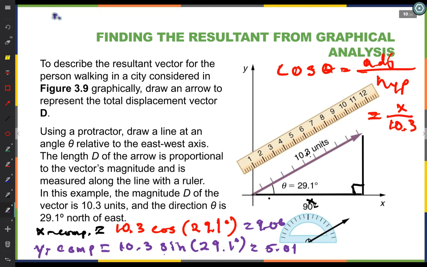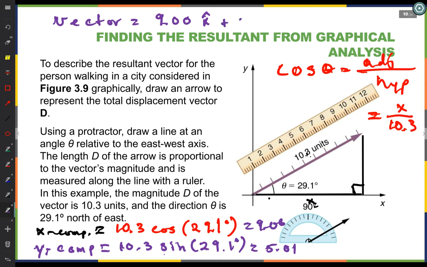Vector equals 9.00. I can use x with a hat over it. Remember when we talked about that? Or I could use I with a hat over it. I means in the x direction.